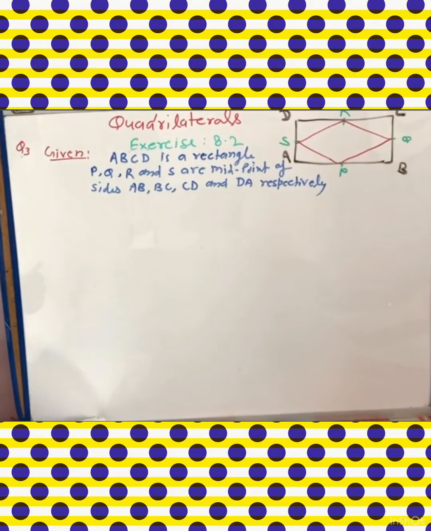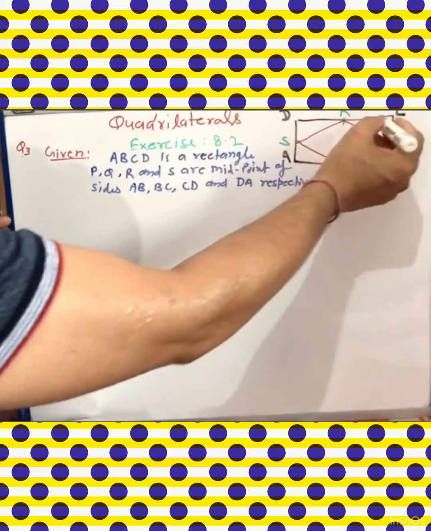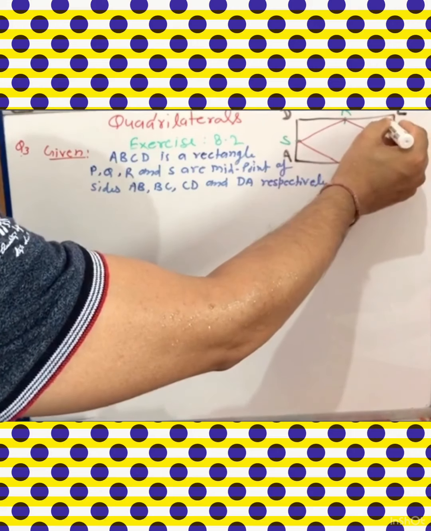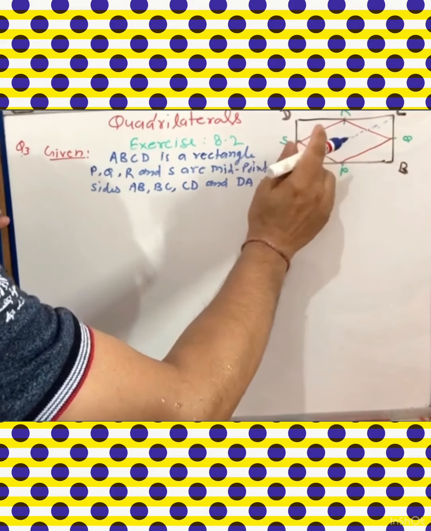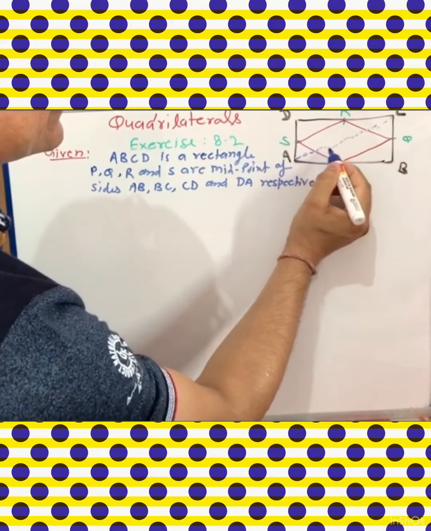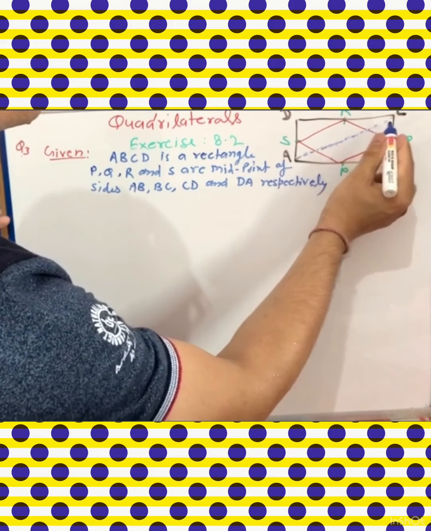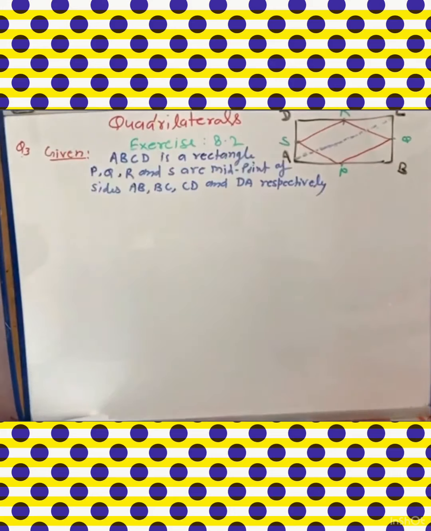Now we will prove here that PQRS is a rhombus. So for proving this, we will construct something, means we will draw a line, that is AC. We will join A and C. So this is a construction. Okay, now start the proof. You will write the same proof as you already wrote in question number 1.